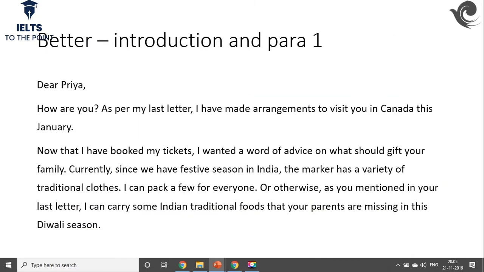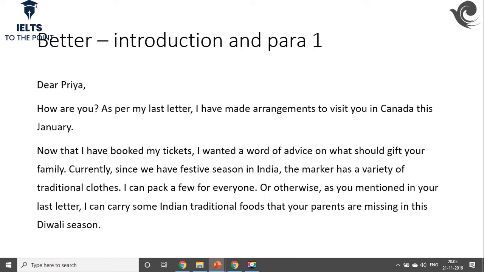How can we make this a better letter? All right, let's look at that. I'm trying to preserve all the ideas. That's why I said in the beginning that mainly today we will be focusing on coherence and cohesion, lexical resource, and grammatical range and accuracy. I am not very much into task achievement.